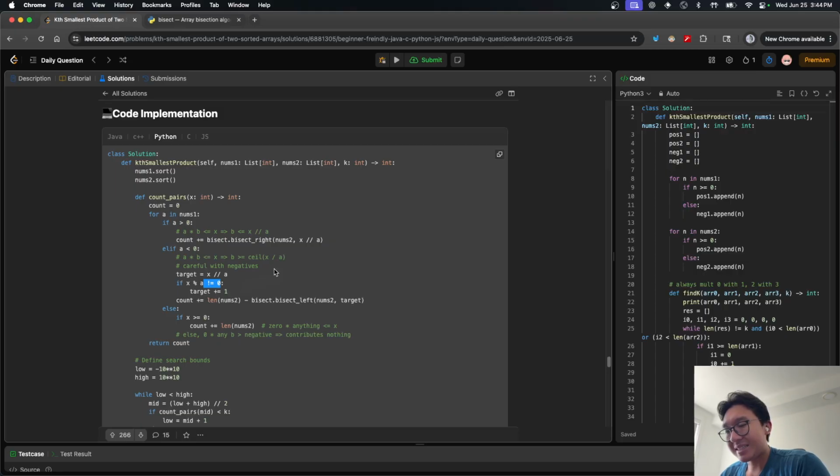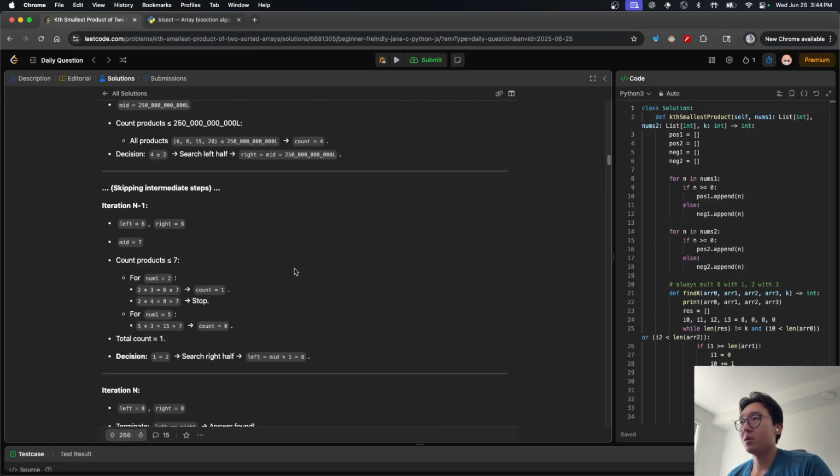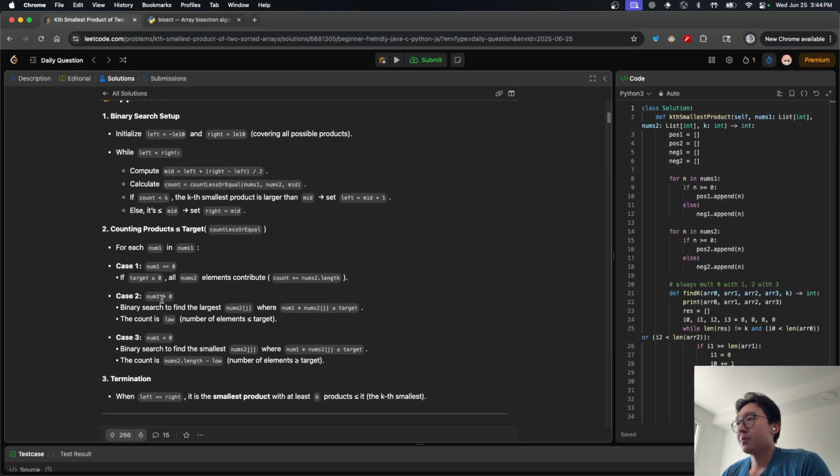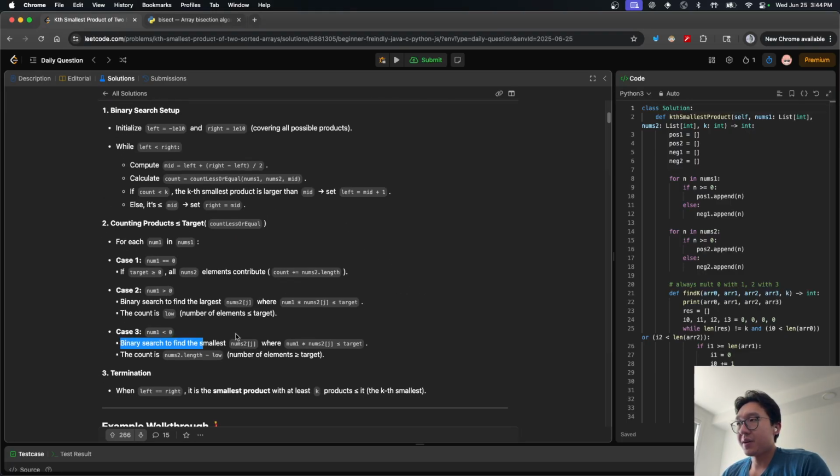So if the number is less than or equal to 0, binary search to find the smallest element in num2 such that the product of that element multiplied by the current number that we have is less than or equal to the target.